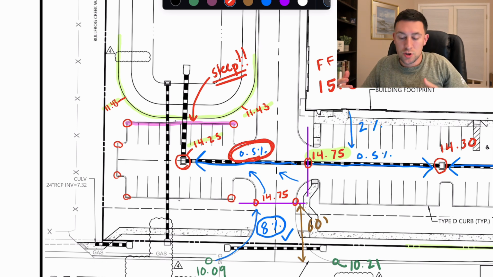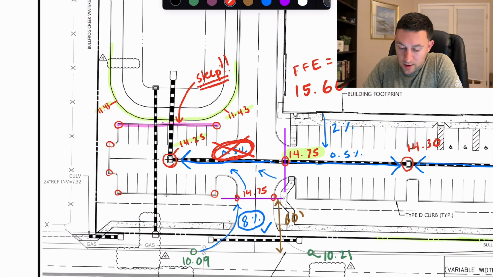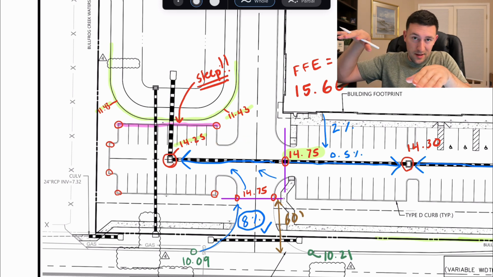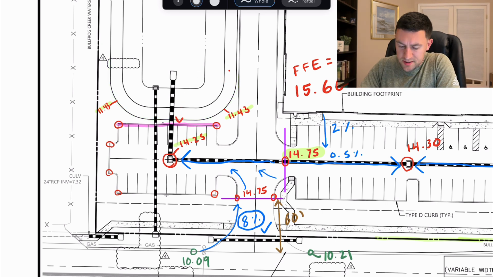So maybe we can just use a little bit steeper transition, and maybe that steeper transition can happen from that 14.75 to this low point right here. Maybe it's just a longer transition, or maybe we transition down steep and we have a break point and then we transition softer. But really this isn't even too bad.